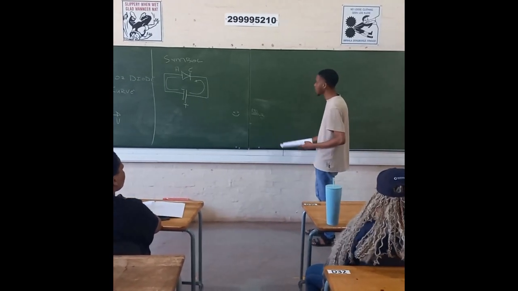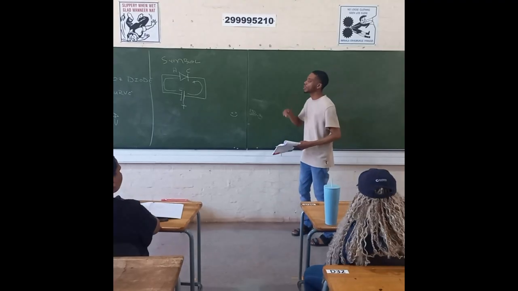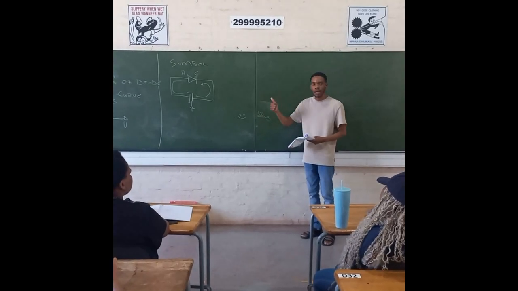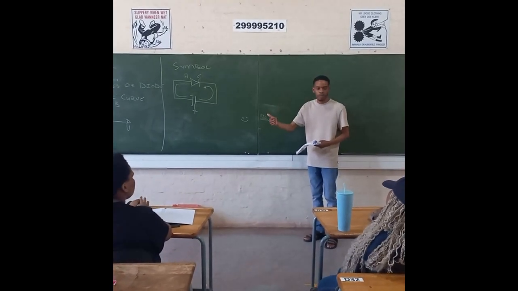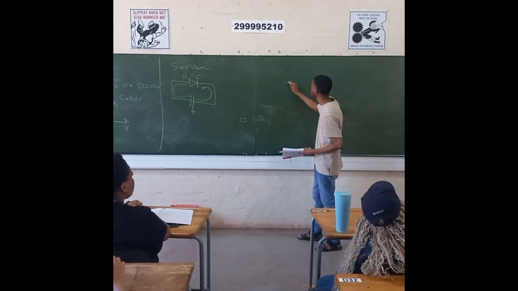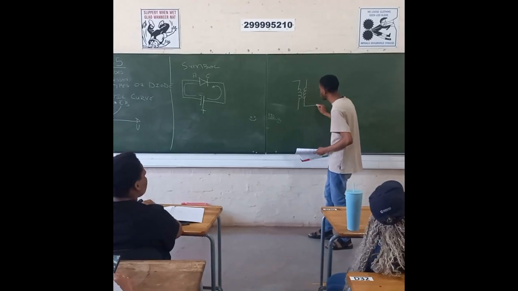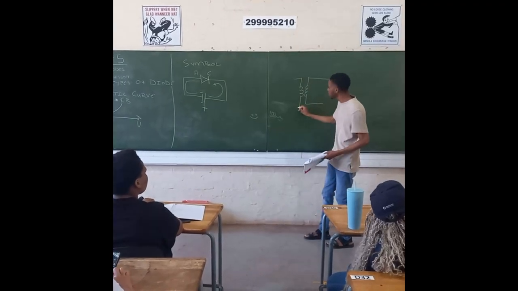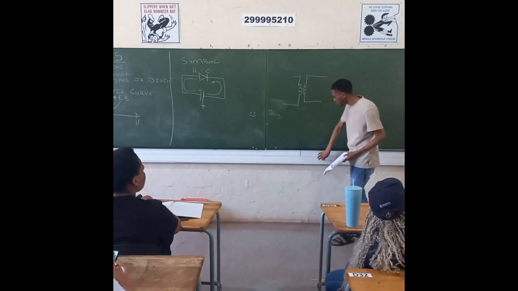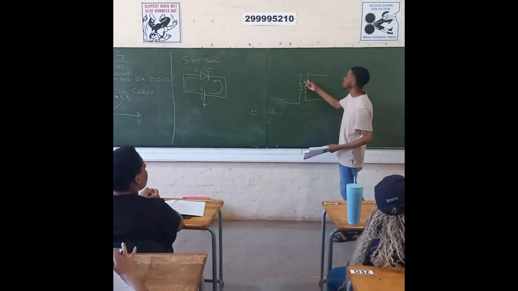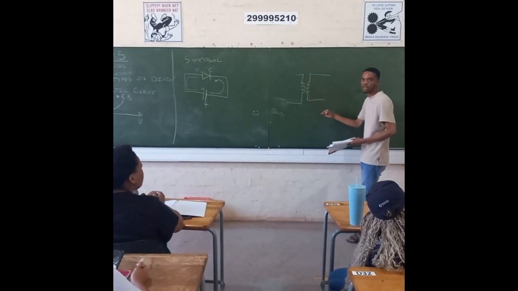For the half-wave rectifier, remember in the previous lessons we discussed transformers. You saw the time we did that experiment where you connected a transformer to the wall outlet, and the transformer steps down the voltage.